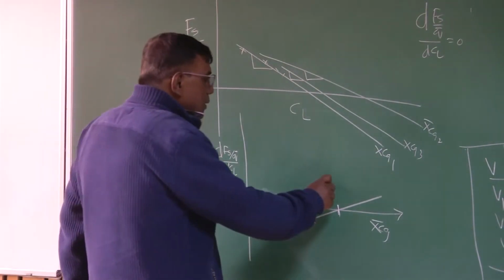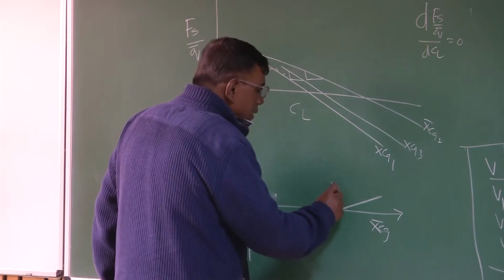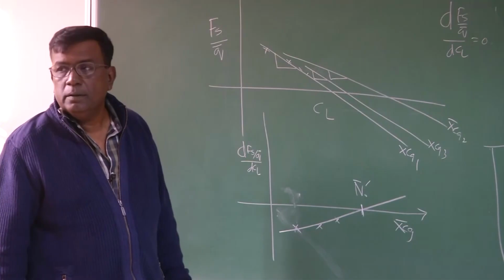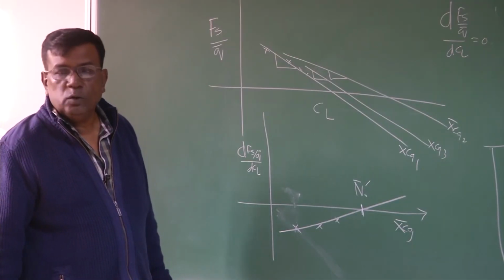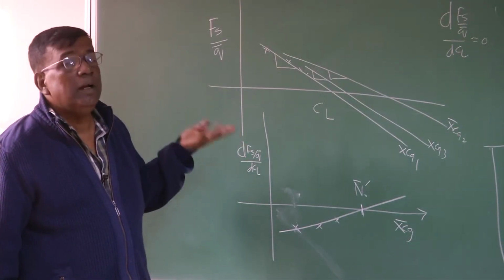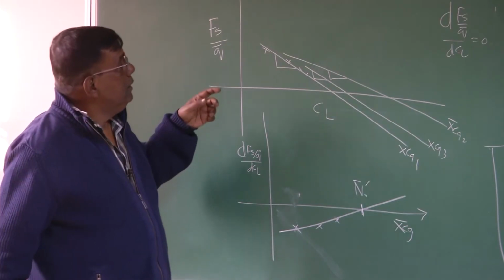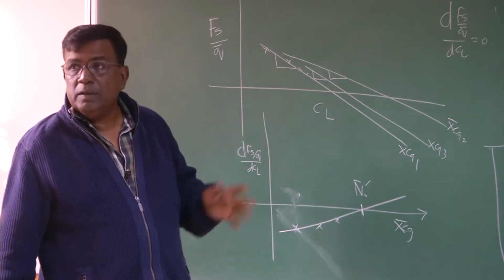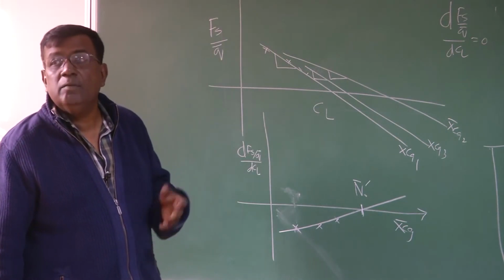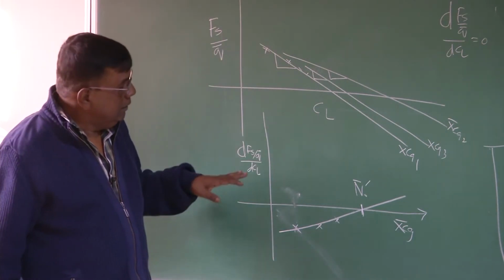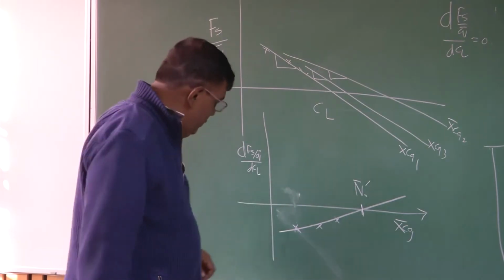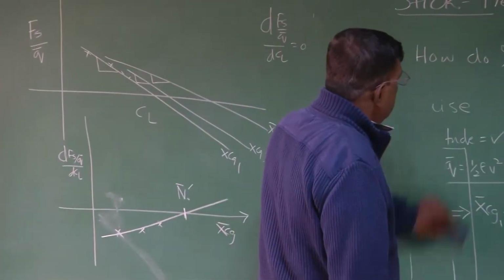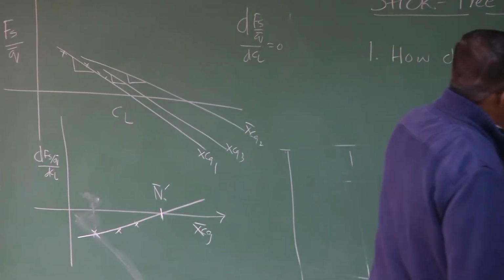So this becomes your stick-free neutral point. Clear? You can cross-check with stick-fixed neutral point. Earlier we did, that was d delta E by dCL versus XCG, and the XCG location at which d delta E by dCL was 0. Right? So this is the way to do stick-free experiment to find out a stick-free neutral point.